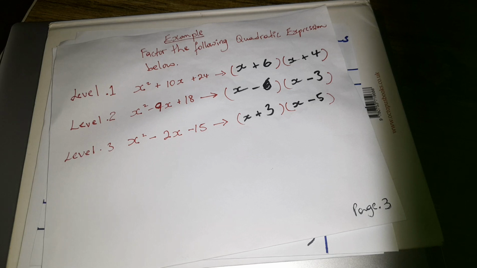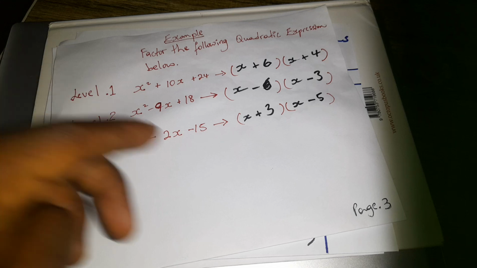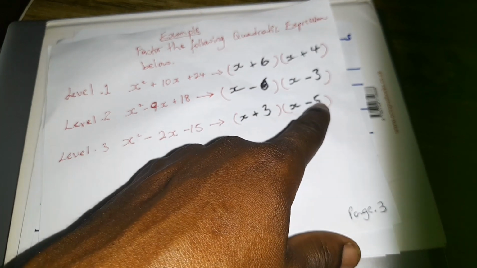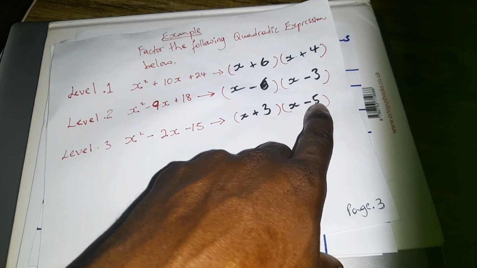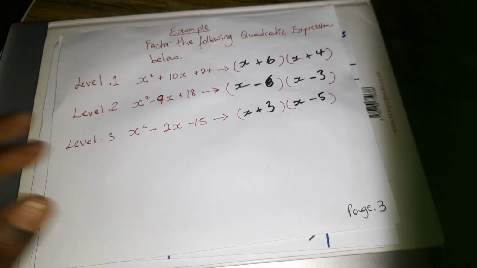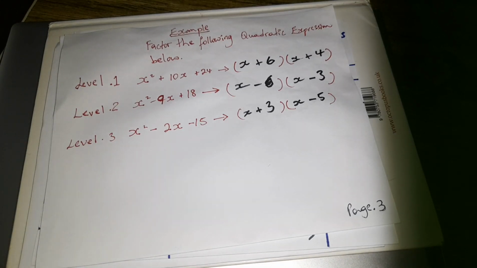Once you identify that the two numbers are 3 and 5, because when you subtract 3 from 5, you get 2, in this case you have to put the bigger number at the negative. That's it. Just like that, we finish.